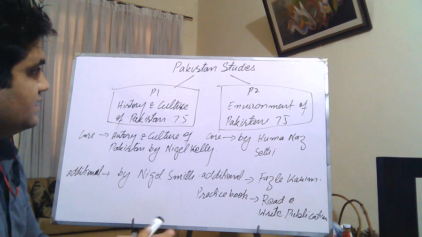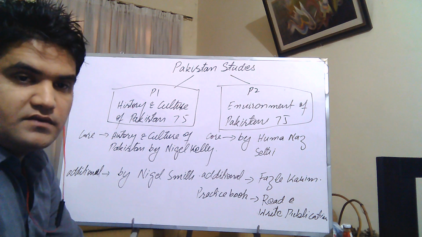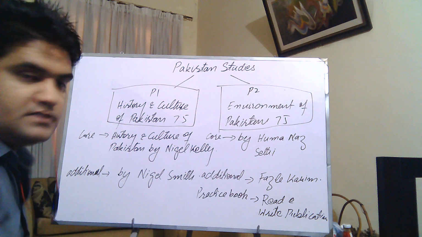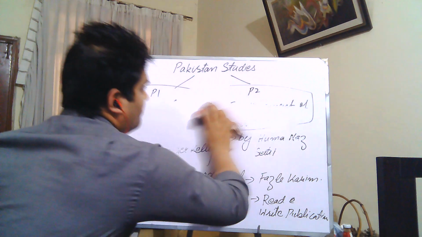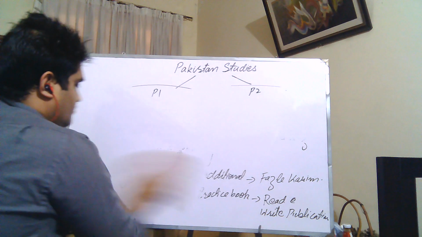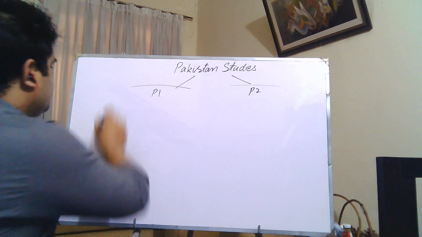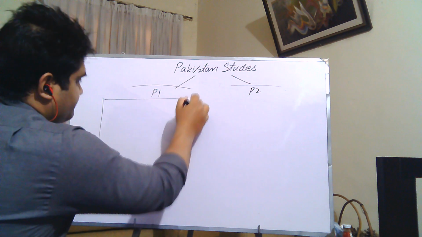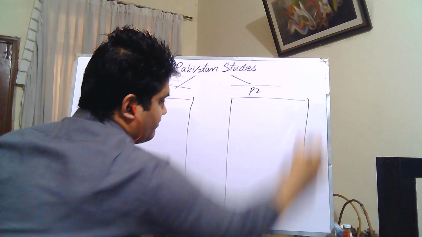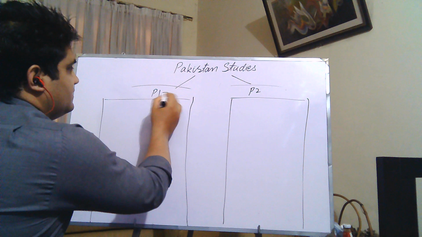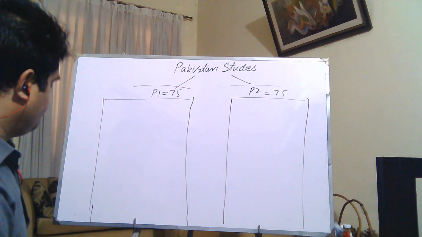The next thing is what the paper format will be for these 2 papers. Let us discuss it. Paper 1 is equal to 75 marks, and paper 2 is equal to 75 marks.